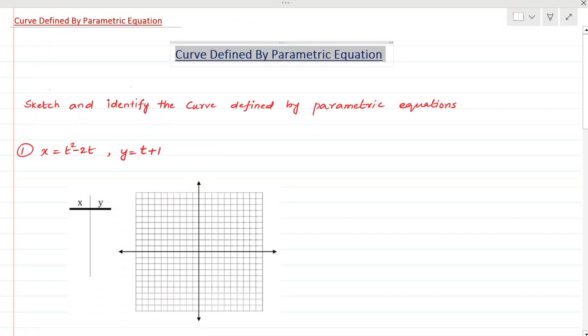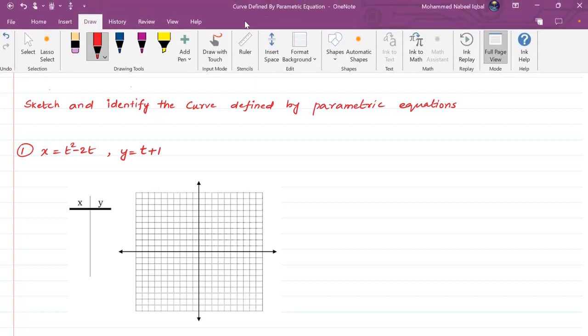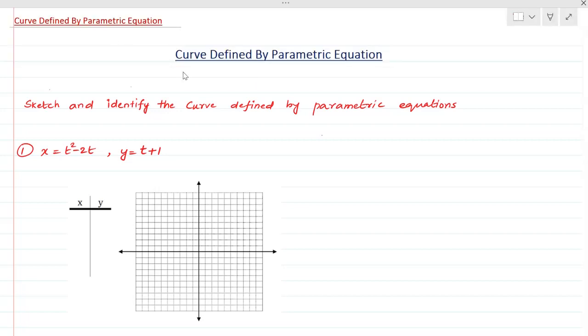In this video, we are going to study the curve defined by the parametric equation. So we have to draw a function using the parametric equation. If you have y equal x squared, we will use the table type. So we will have the x-axis and y-axis, x value, y value.